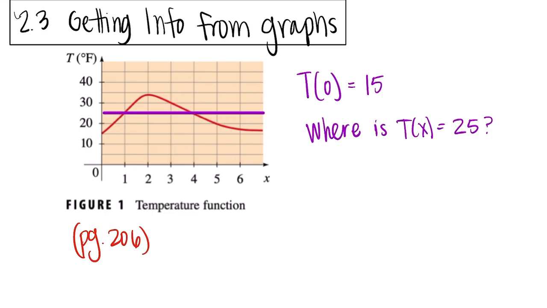If y equals 25, what is x equal to? How many answers are there? 2. So we have x equals about right here, 1, and x equals 4. Any questions on these two?